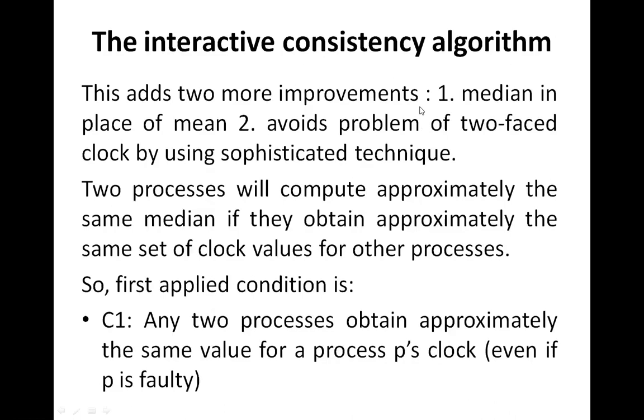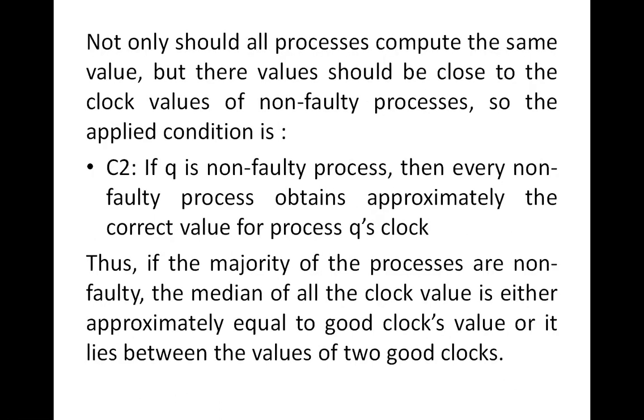So first of all, it has to collect the clock values from the other processes with conditions C1 and C2, where C1 says that the processes are going to obtain the same value of the process P, whether it is faulty or non-faulty. And the second condition is, if one process is non-faulty, then every rest of the non-faulty processes obtains approximately the correct value, whatever the value of that process Q is.